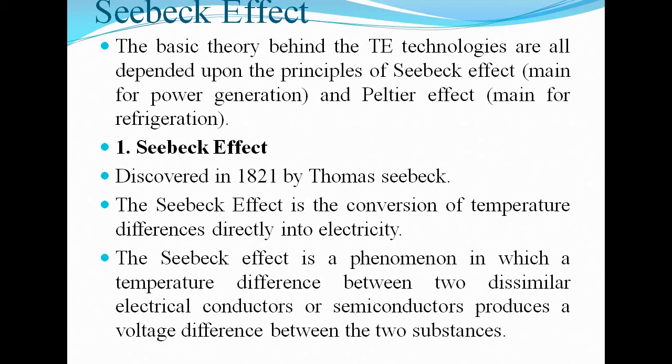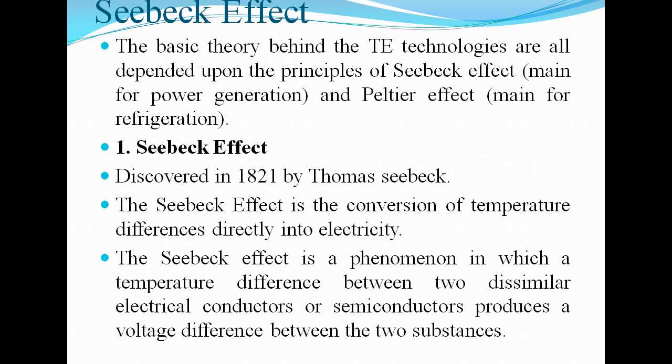It was discovered in 1821 by Thomas Seebeck. The Seebeck effect is the conversion of temperature differences directly into electricity. It is a phenomenon in which a temperature difference between two dissimilar electrical conductors or semiconductors produces a voltage difference between the two substances.